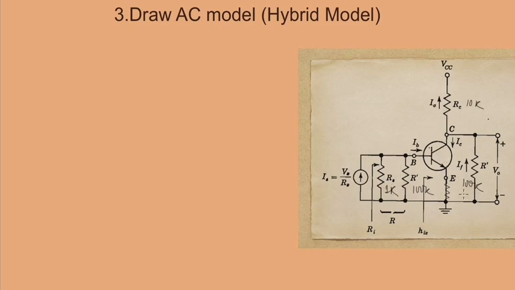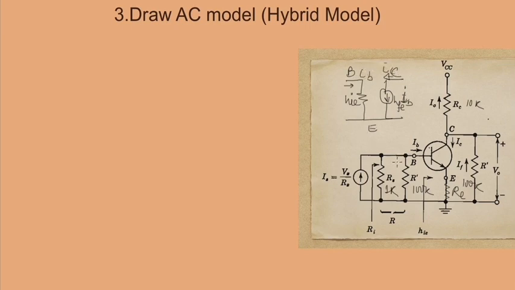These are the values given, and there is an emitter resistor here, that is Re. So we'll replace this transistor by its hybrid model and we'll mark B, C and E. This is HIE, HFE, IB, right? And IB is the current flowing through the base and the IC will be the current flowing through the collector.